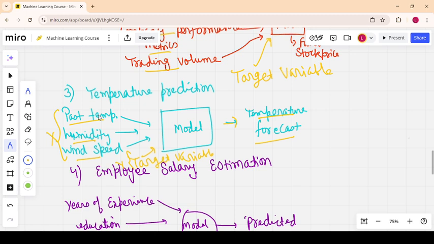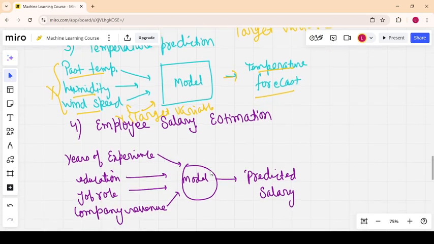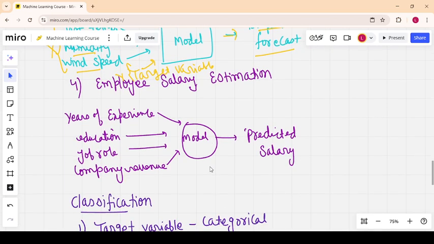And if you are given a task of finding the salary of an employee, you need to consider a number of factors. These factors we call in machine learning features. Features we use to train a model to predict the salary of an employee.